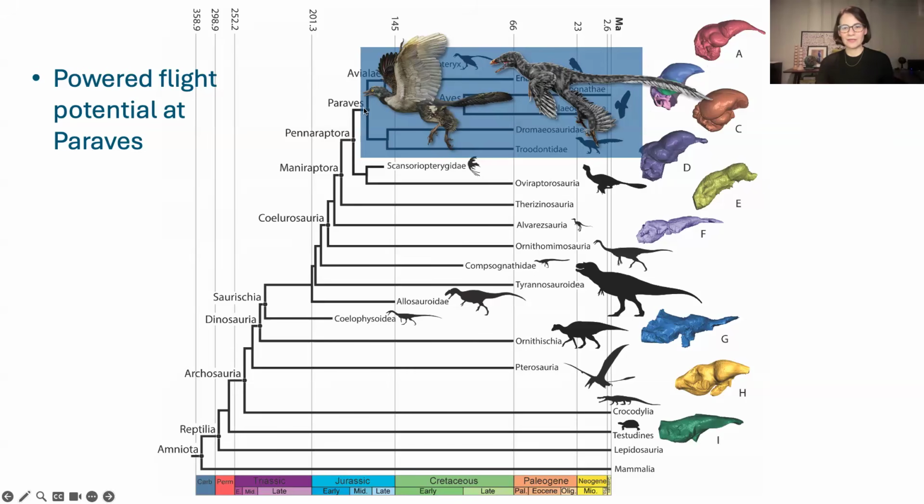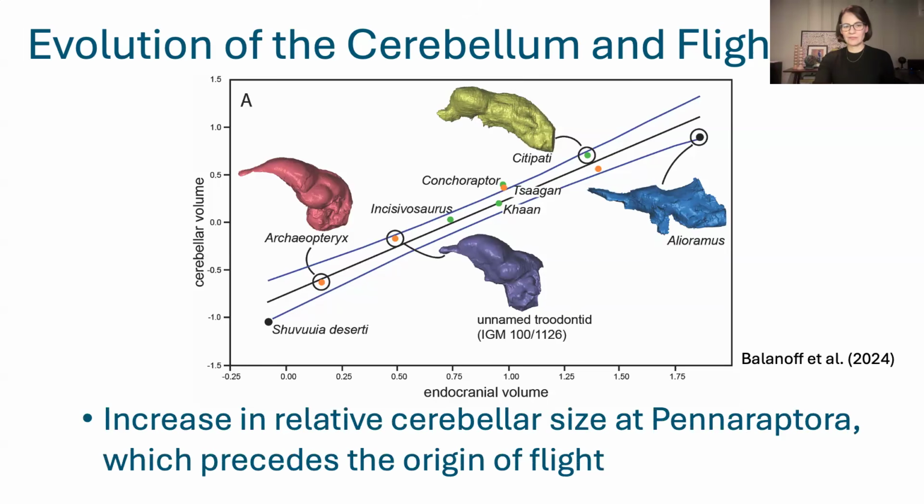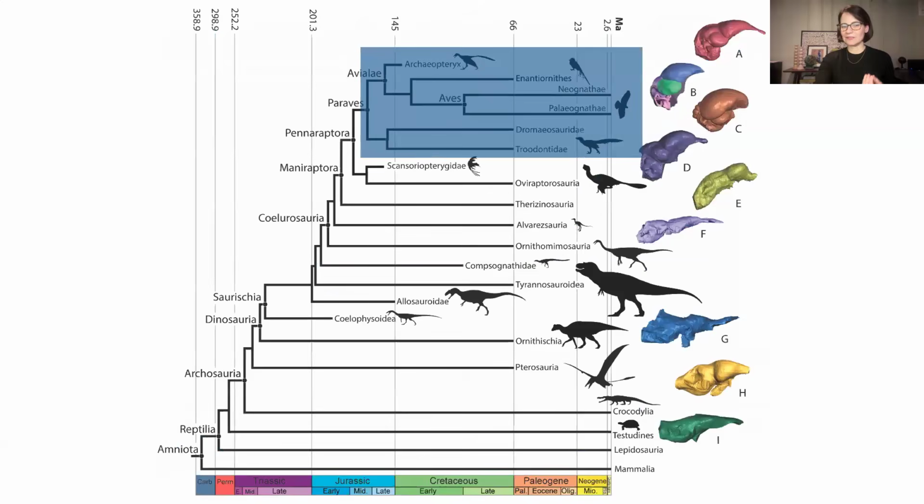This group here, para-aves. And when we look at the non-avian taxa for relative cerebellar size, so this is cerebellar size relative to total brain size, what we find is that there is a shift, there is an increase in cerebellar size in the fossil record, but it's actually at this group called Pinoraptora, which precedes para-aves and precedes the origin of flight.